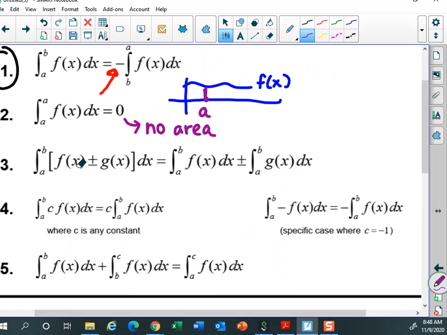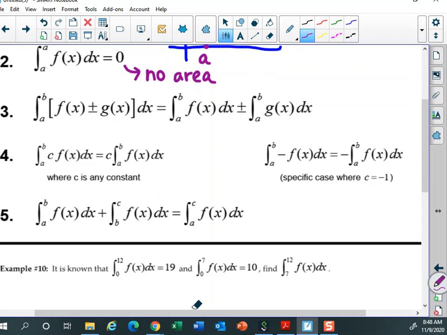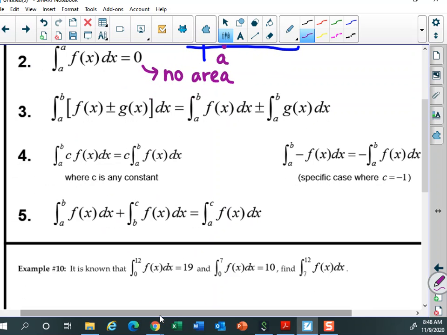I would say probably, other than the first one, these other ones we don't think about too much. We may do them, but we don't think about them. But number 5 is the one that's going to get used, and I've seen AP questions in this context, saying, if we have a big area from A to C, we can break it into 2 smaller areas.